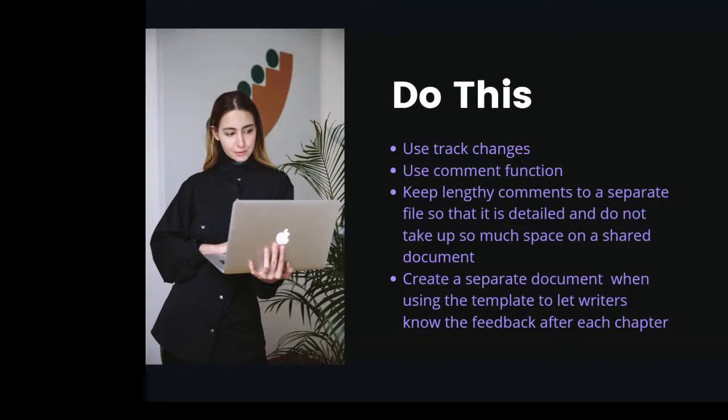So if it's going to be a shared document on a Google file and you don't want to spam it because other beta readers are also using it, you could download it, keep it separately, save it in a PDF, put all your comments into that file so that the writer and you can have a more heart-to-heart discussion about the things that you put inside. So you create a separate document and then you let the writers know your feedback after each chapter with the template that your writer has given. That is if you are the beta reader.